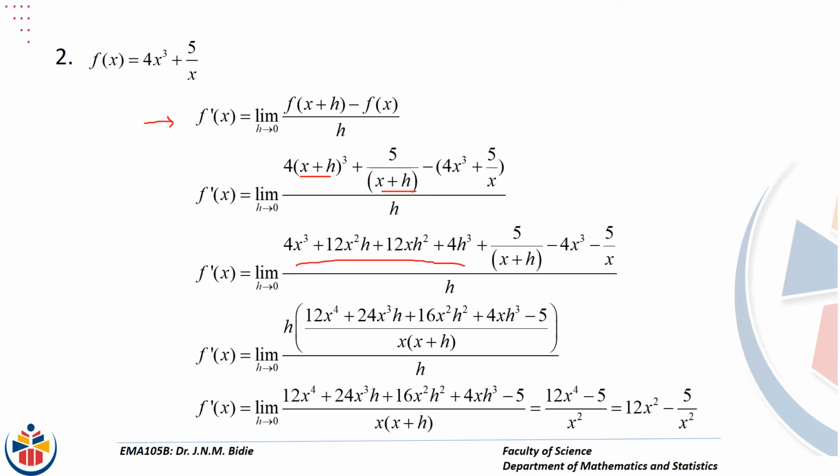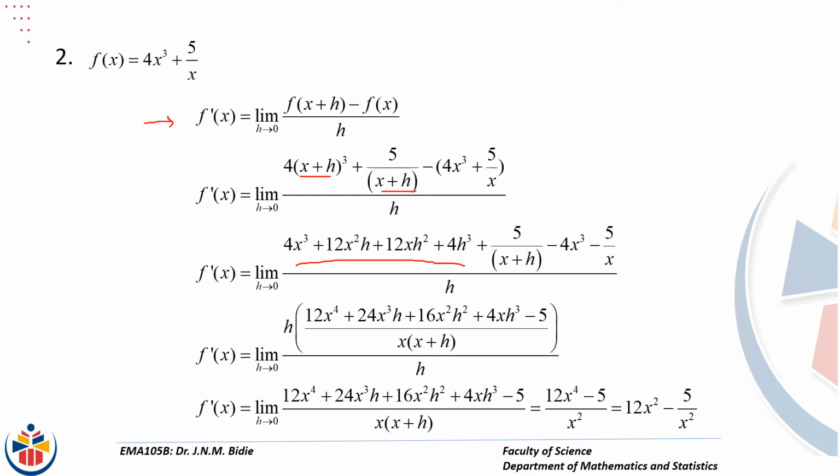And then thereafter, you remove the brackets around the terms of f of x, and then make the whole numerator under a common denominator, which is x and x plus h, so that we will be able to do our simplification. I need you to check all the steps and see whether there are no mistakes.